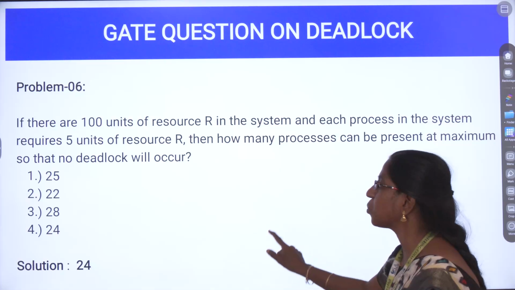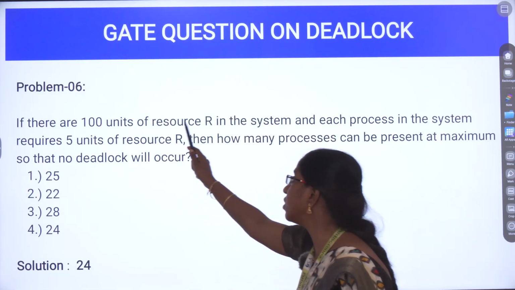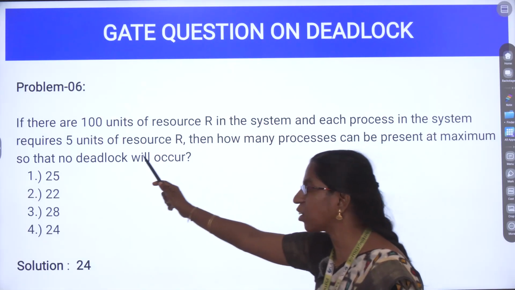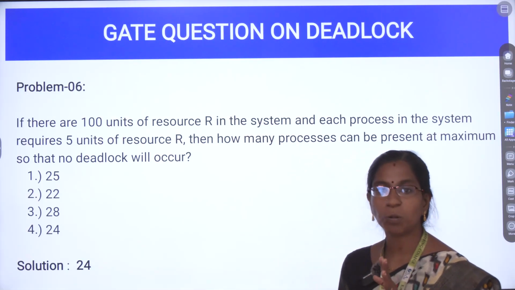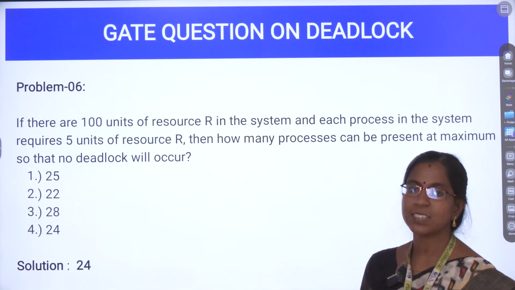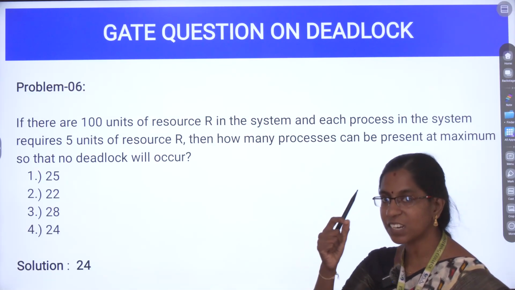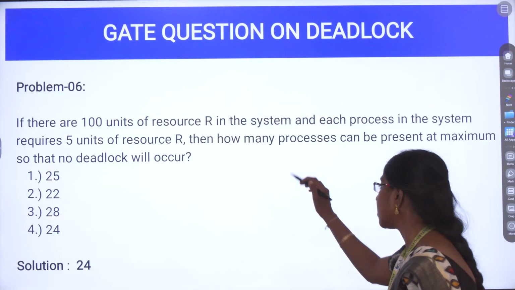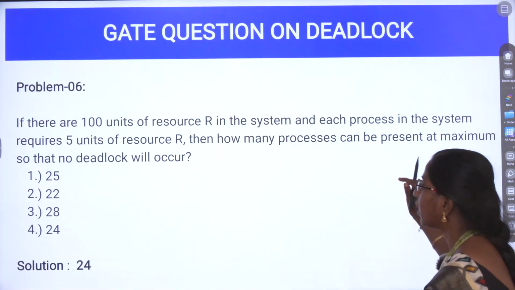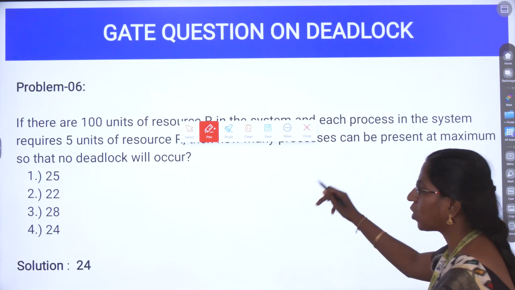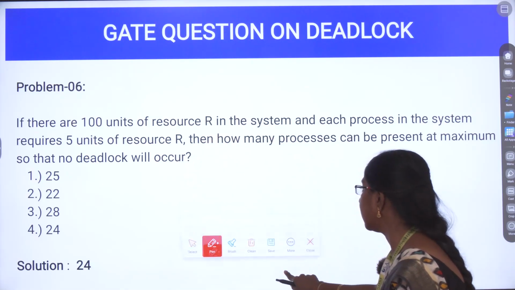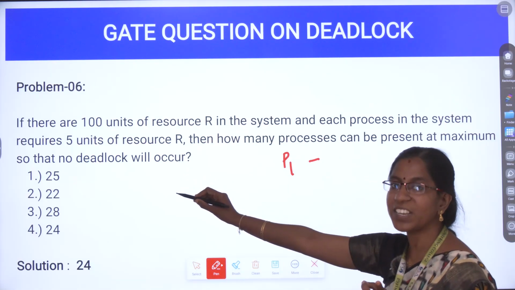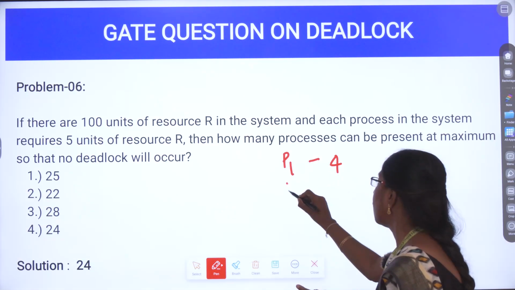Okay. So the next problem: there are 100 units of resource in the system, and each process in the system requires 5 units. Process P1 requires 5, so it should be minus 1, so 4.